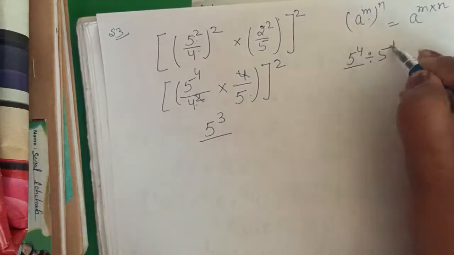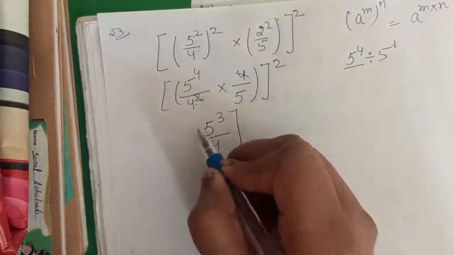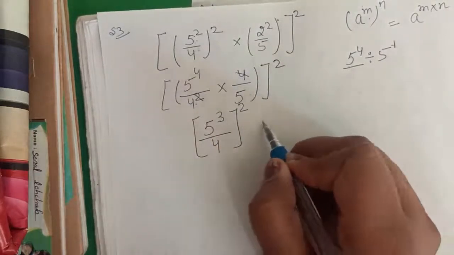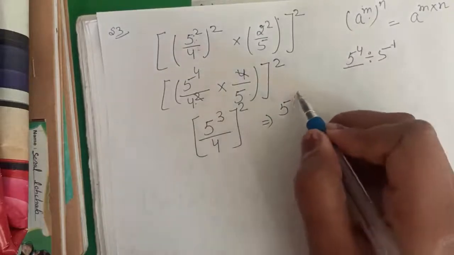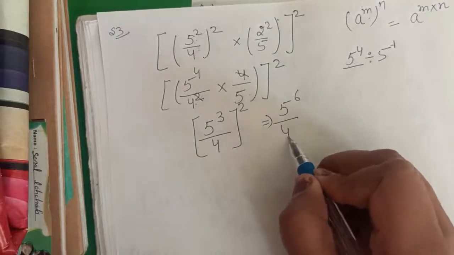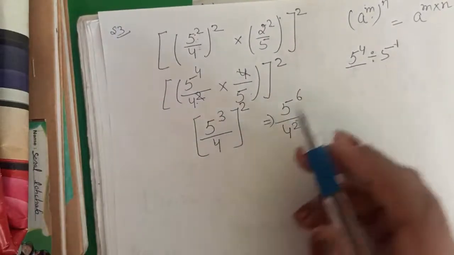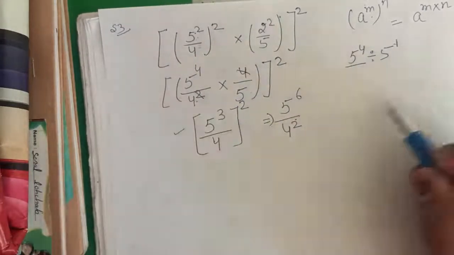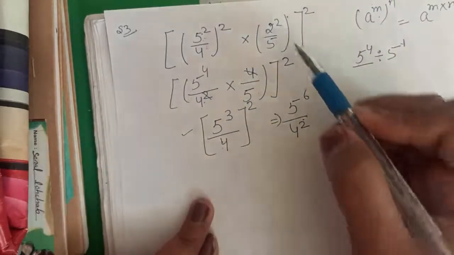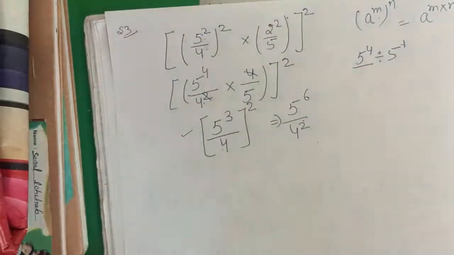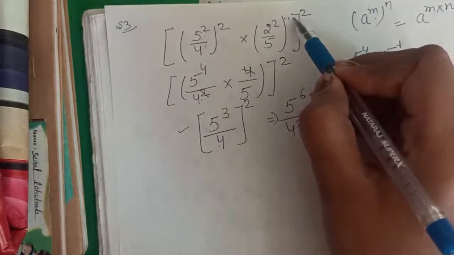So 4 minus 1 is 3. 5 to the power 3 divided by 4, the whole to the power 2. Again 5 to the power 3 multiplied with 2 is 6, and 4 to the power 2. Either you will write like this, this is also the same. This is also right and this one is also right. Clear? And if in your book any power is given with the whole, you will solve with that power.